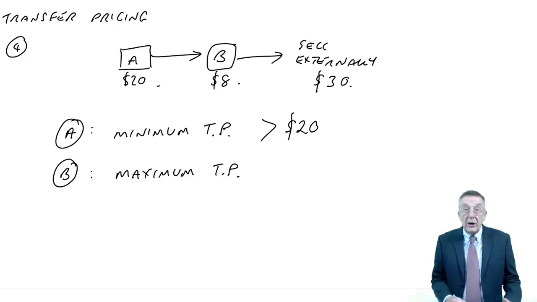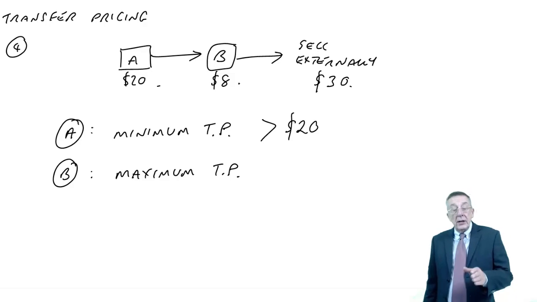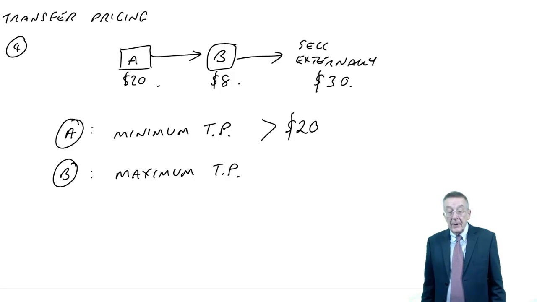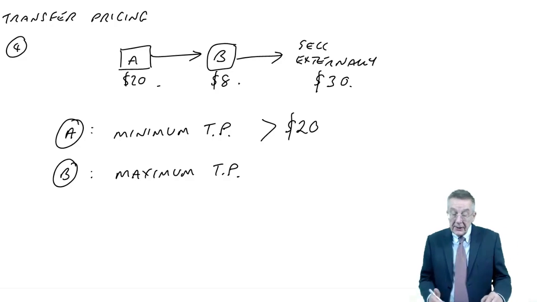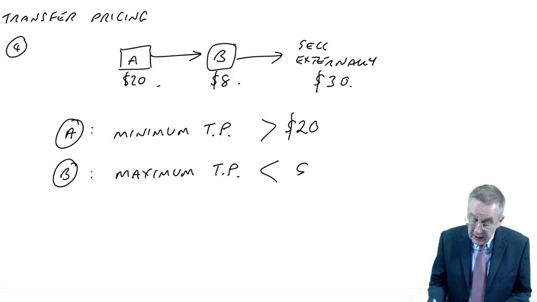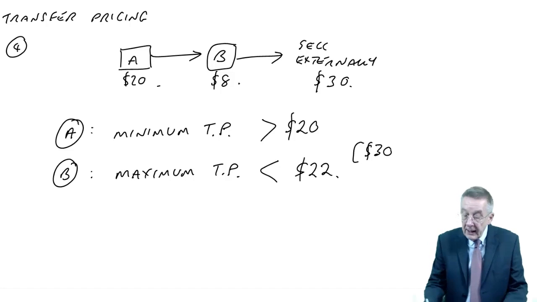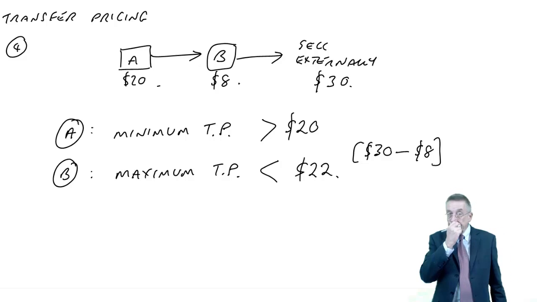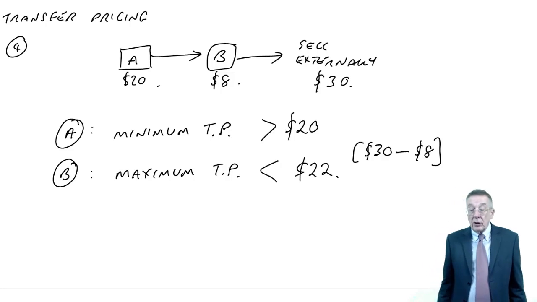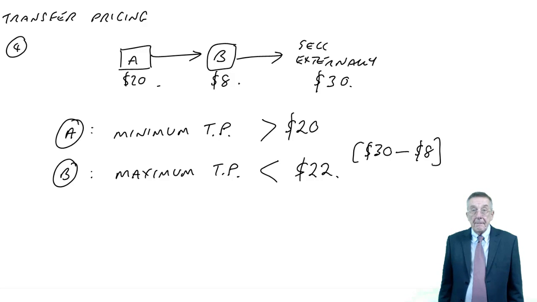They've got their own costs of 8, which leaves them with a net 22. Surely they'll only be prepared to buy it from A provided they can buy it at less than $22. The transfer price will have to be less than 22. It's the 30 that they're selling at externally, less their own costs of 8. Therefore, to end up with a profit, they'll have to be buying it for less than 22.